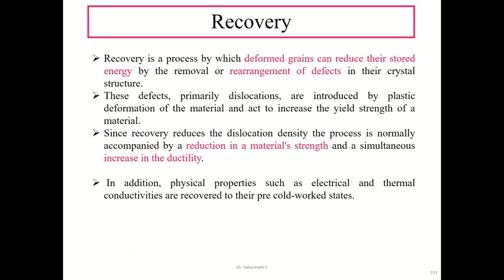So when the dislocation density is reduced, the strength of the material is reduced and the ductility is increased.